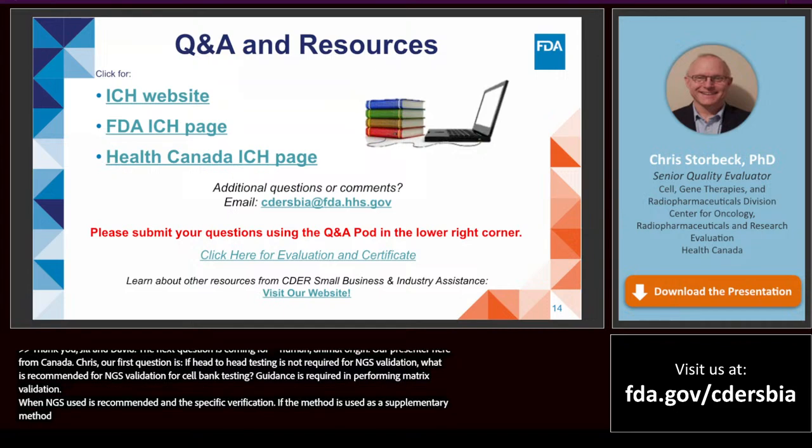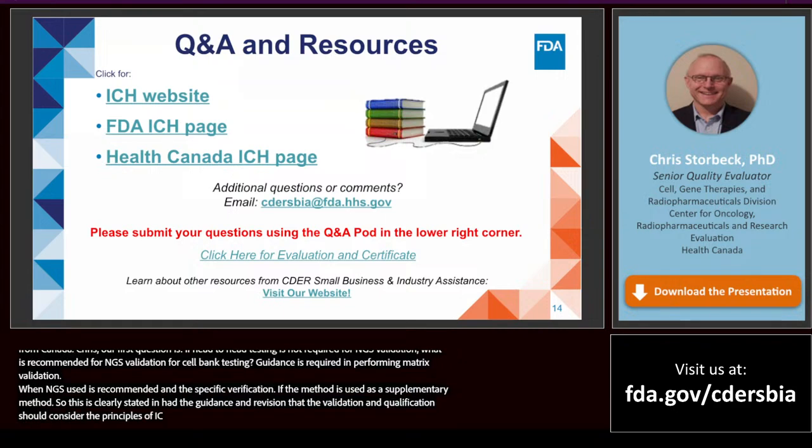So it's also clearly stated in the guidance and the revision that the validation and qualification should consider the principles of ICH Q2. Thanks.